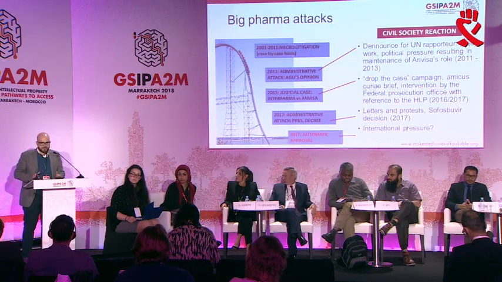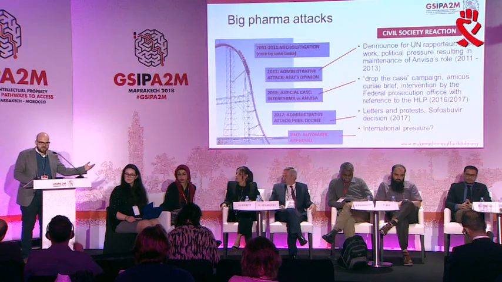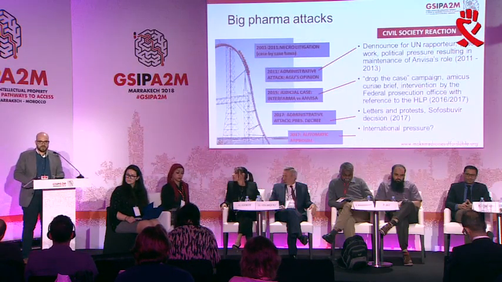It really undermined Anvisa's capacity to reject patent applications. And in 2015, after these several defeats of Anvisa in court, Interfarma filed this collective judicial action, which really leaves Anvisa hanging by a thread.